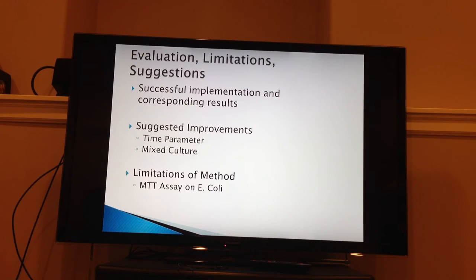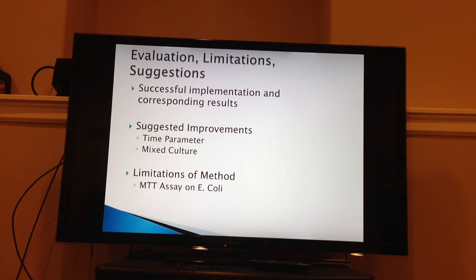However, there are several improvements that could be made. The first of which is another parameter, which would be time. In testing the effectiveness of a cleaning agent, it's also important to consider efficiency. And so, if I were to do this experiment again, I would add a parameter of contact time for example, ranging from 5 minutes to 25 minutes in increments of 5 minutes.